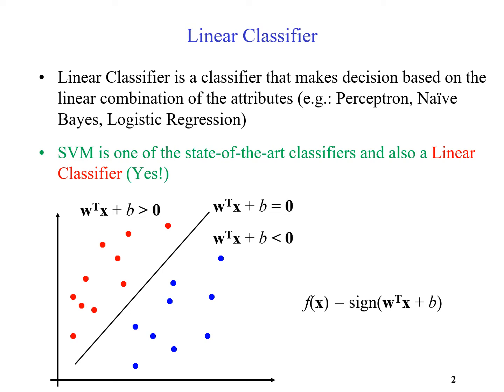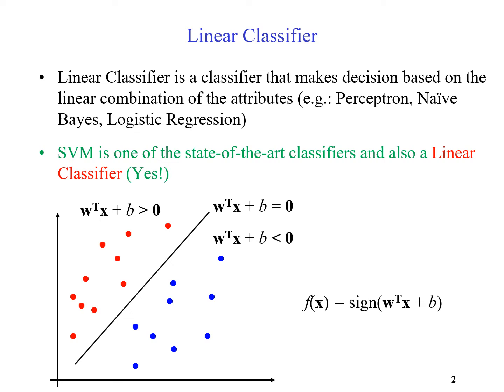and there are a couple more linear classifiers in machine learning. Naive Bayes and logistic regression are also known as linear classifiers. But there is some controversy around whether these two algorithms are linear classifiers or not.